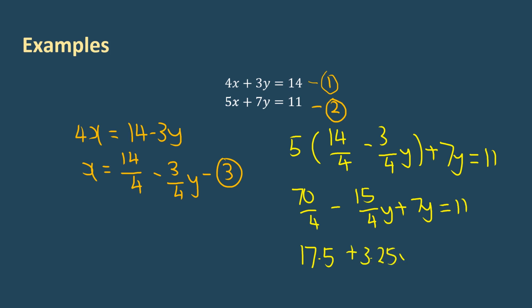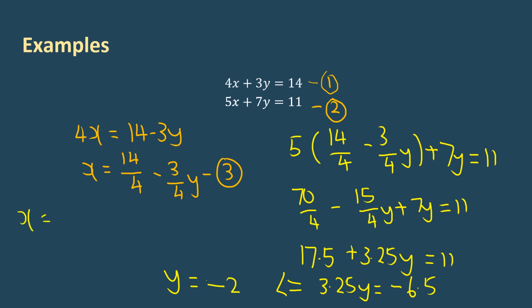3.25y equals 11. Therefore, 3.25y equals 11 minus 17.5, so it's negative 6.5. Therefore, y equals negative 6.5 divided by 3.25, and the answer we get is negative 2. And then now we're going to sub this value to find x.